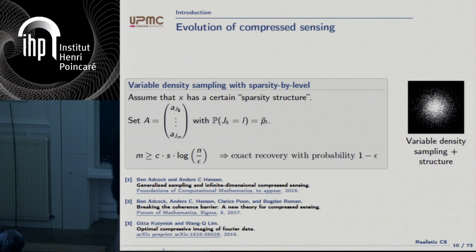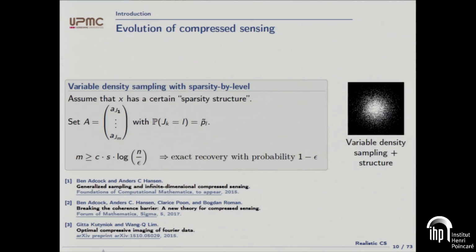By considering a special class of signals which has a special sparsity structure. But again, they end with a variable density sampling here. Now they don't have a result for any signals, just for sparsity-by-level signals. But the problem is these measurements, and in practice you cannot implement them on the MRI machine.